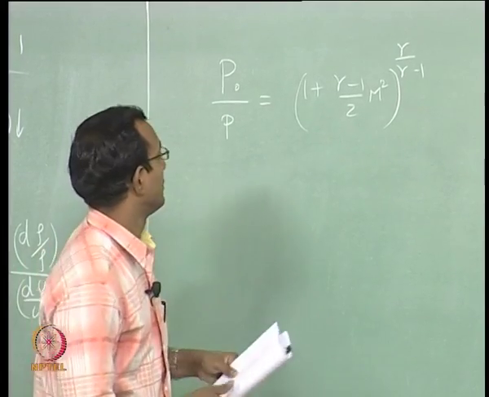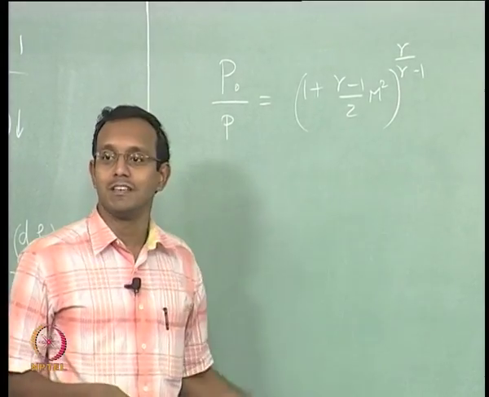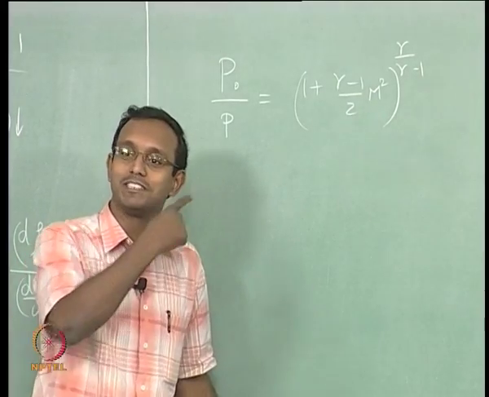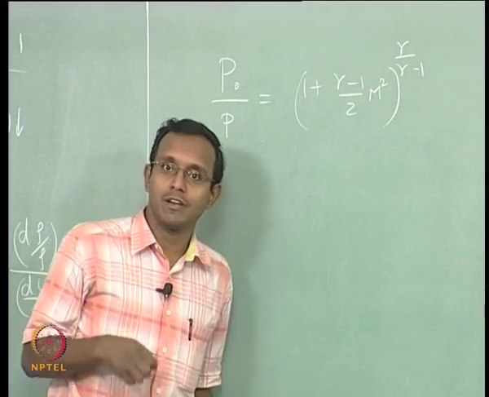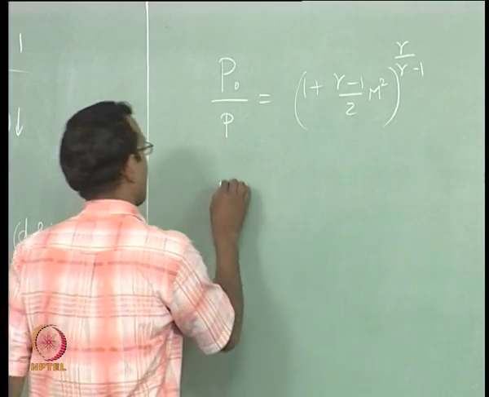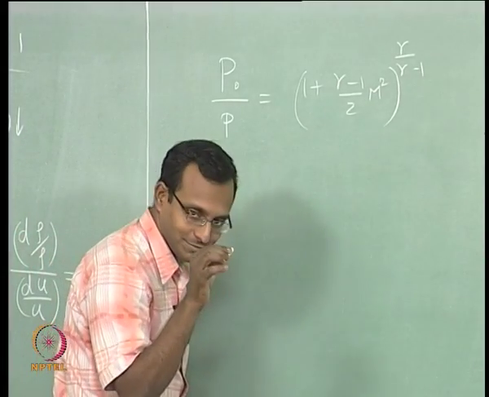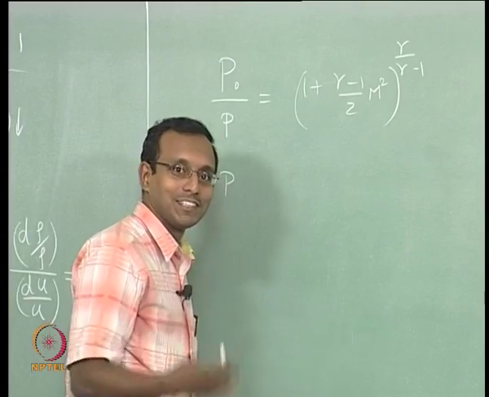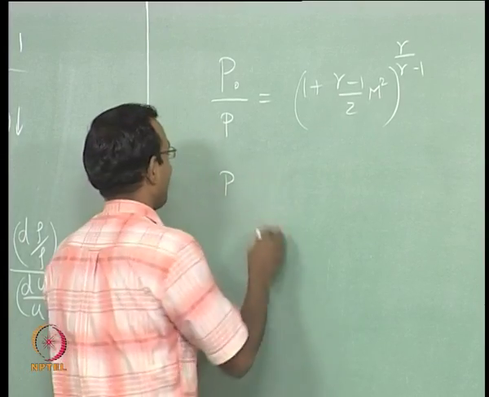Remember that aerodynamists do not use this formula. What do they use? Aerodynamists. What do they use? I kept telling this so many times, so you should know by now.